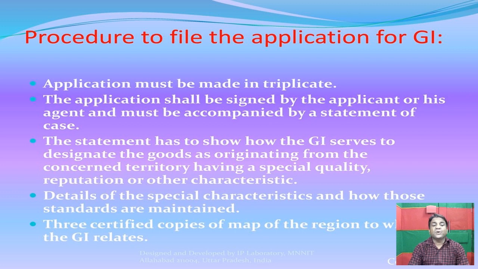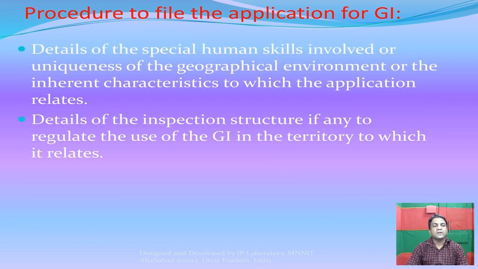Then details of the special characteristics: what are the unique characteristics of the products and how those standards are maintained by the producers are also mentioned in this application. And three certified copies of the map of the region to which the GI relates.